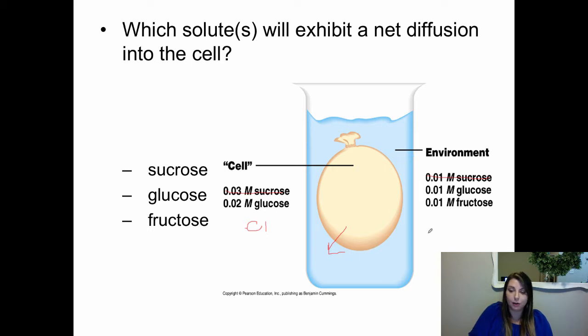Now for the fructose, we have more fructose outside of the cell than we do inside the cell. We have 0.01 moles of fructose outside, whereas we have no fructose inside the cell. So about 0.01 moles of fructose are going to readily enter into our cell.